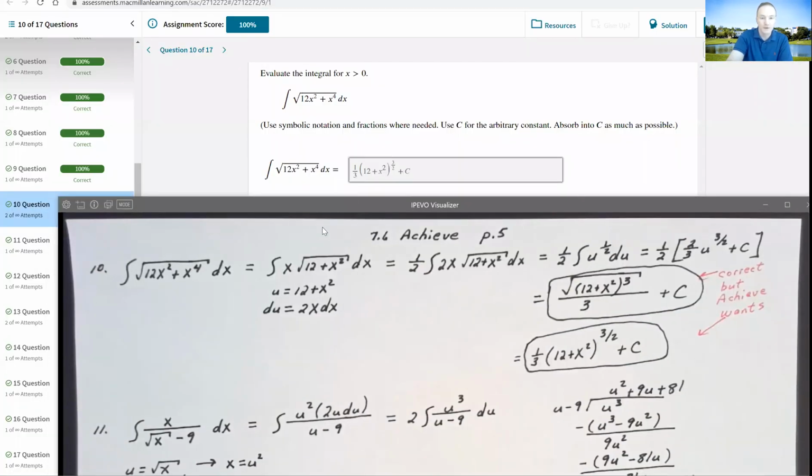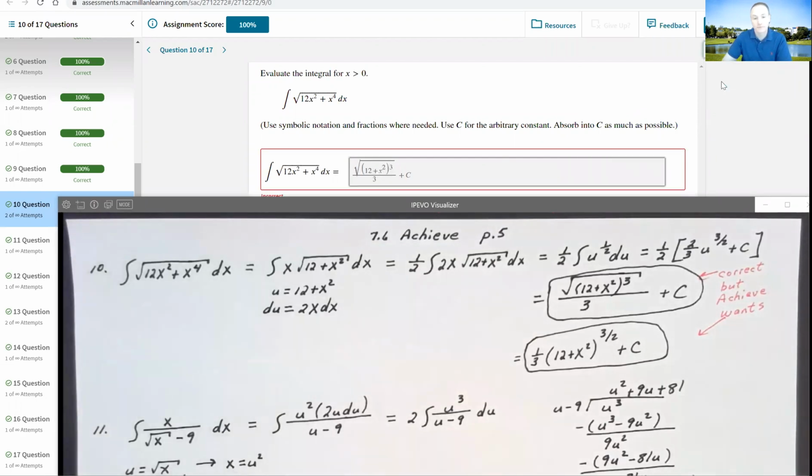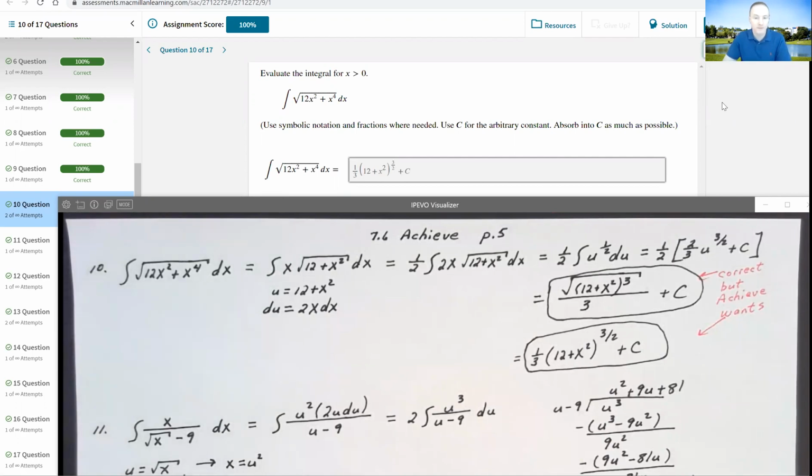So please notice here on number 10, it took me 2 attempts because my first attempt, which is correct, they sadly counted wrong, with the square root of the group to the 3rd power over 3 plus c. Should be the correct answer, but nay. So you just have to be a little careful sometimes.